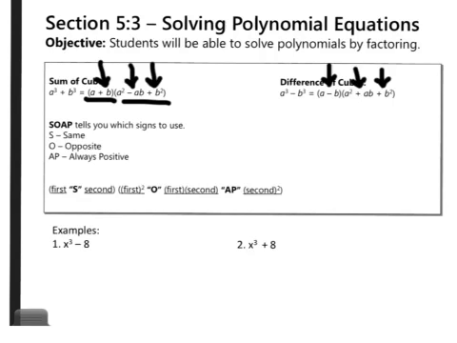Let's try an example. X cubed minus 8. X cubed is a perfect cube, 8 is a perfect cube. So whenever you're defining your A and your B values, or your first and your second value, you take the cube root. You think, where did this number come from? What value cubed gave me this?